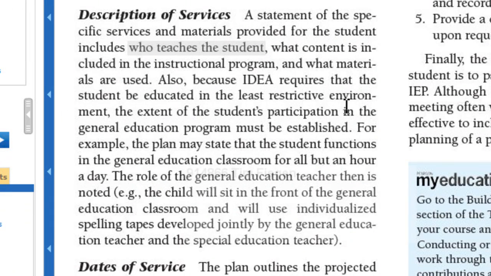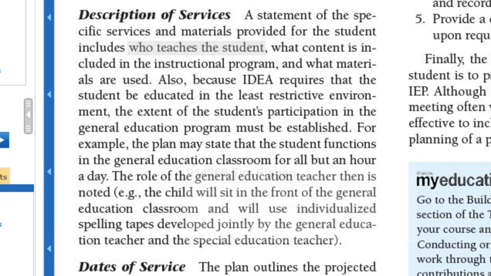Also, because IDEA requires that the student be educated in the least restrictive environment, the extent of the student's participation in the general education program must be established. For example, the plan may state that the student functions in the general education classroom for all but an hour of the day. The role of the general education teacher then is noted.